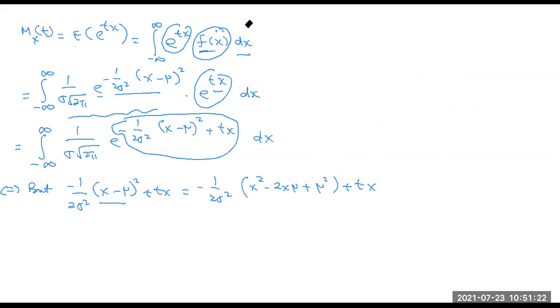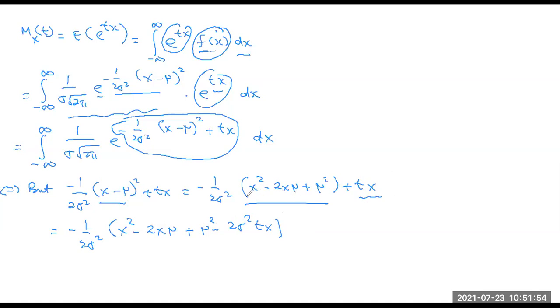Okay. So from there we have negative 1 over 2 sigma squared, from here, into x squared minus 2x mu. We can rearrange, plus mu squared, minus 2 sigma squared tx. So we're bringing this term from outside the brackets to inside the brackets.